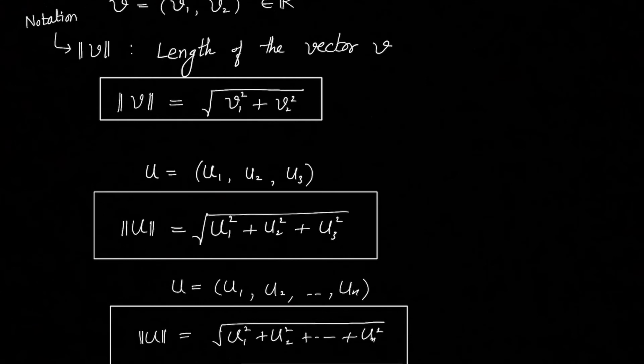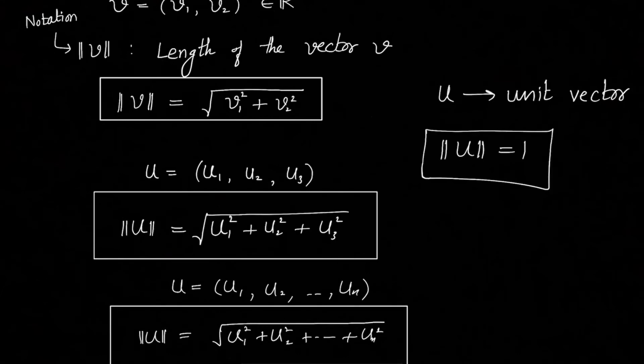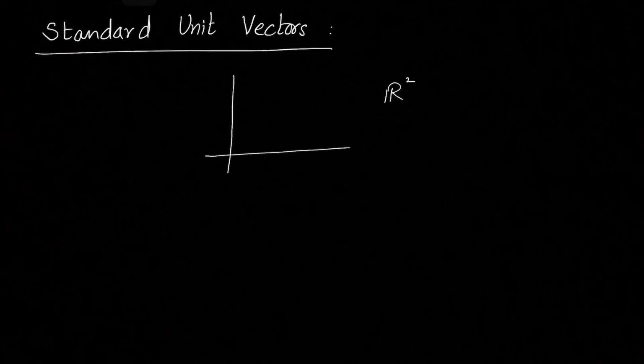We will say that a vector u is a unit vector if its norm is 1. So if the length is 1, that vector is called a unit vector. Now let us discuss some standard unit vectors. Suppose it is your R2.